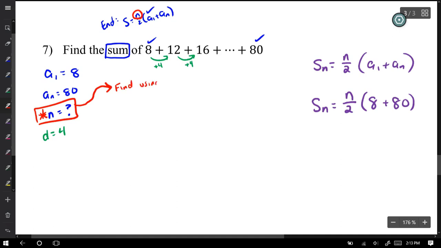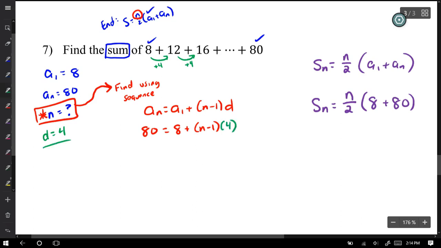And I'm going to find it by using the sequence formula. Sequence formula says a sub n equals a1 plus n minus 1 times d. Again, every time you see me write down this formula. A sub n is 80, I know that. A1 is 8, I know that. Don't know n still, but I do know my difference. It was given to me.